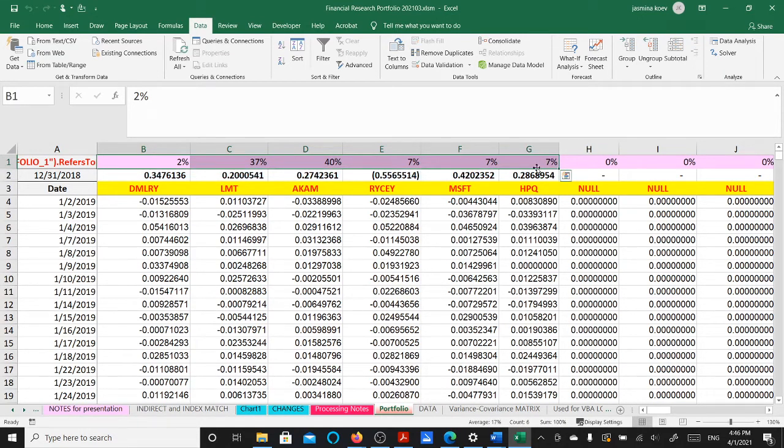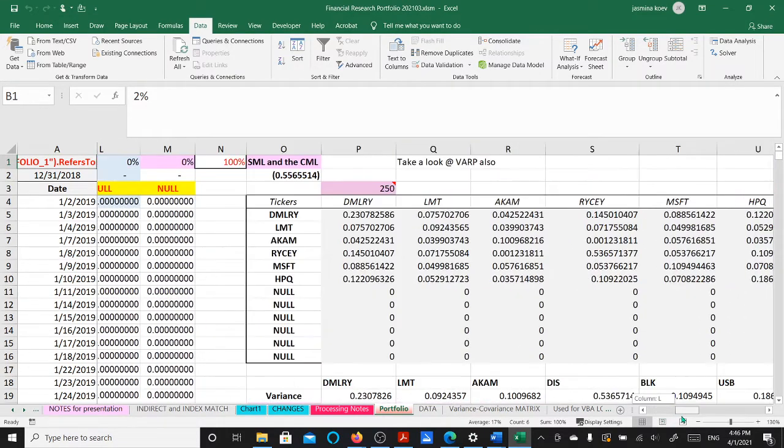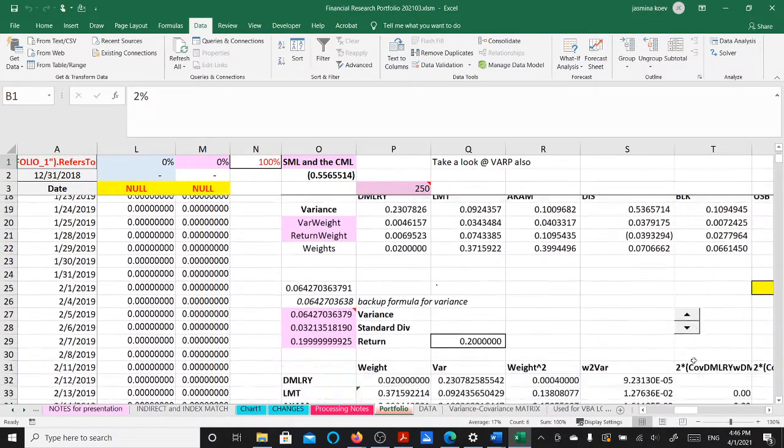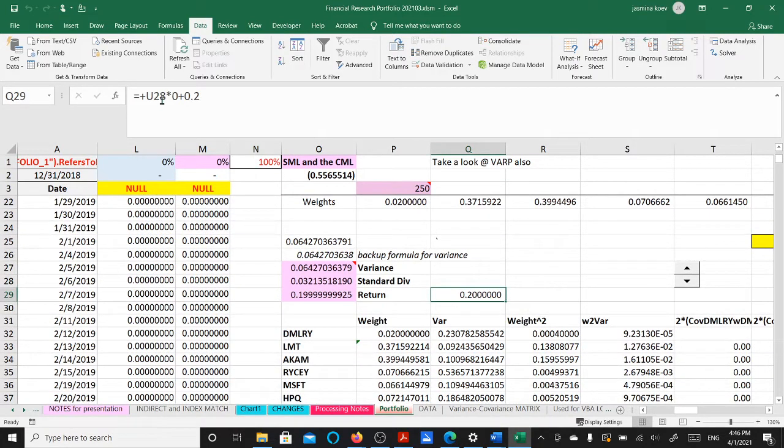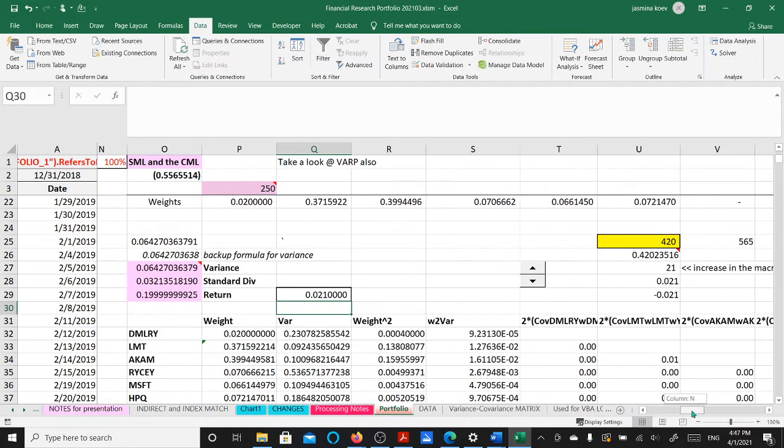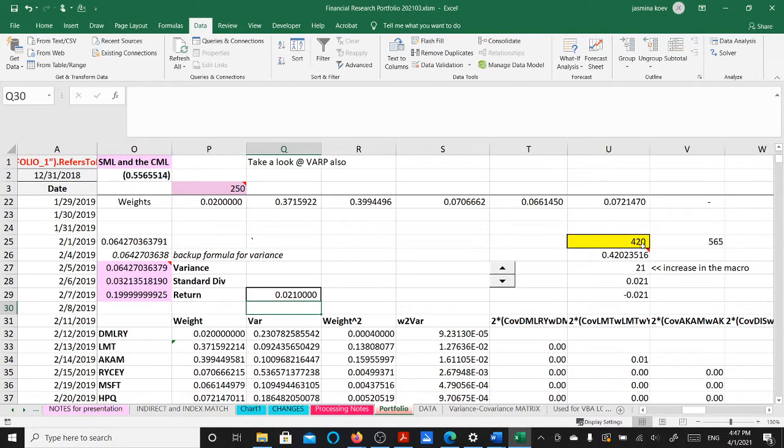Now I'm going to run this 420 times so that I can get my efficiency frontier. Reset everything. Activate. When I run the macro, this resets to 0, just so you can have an idea.